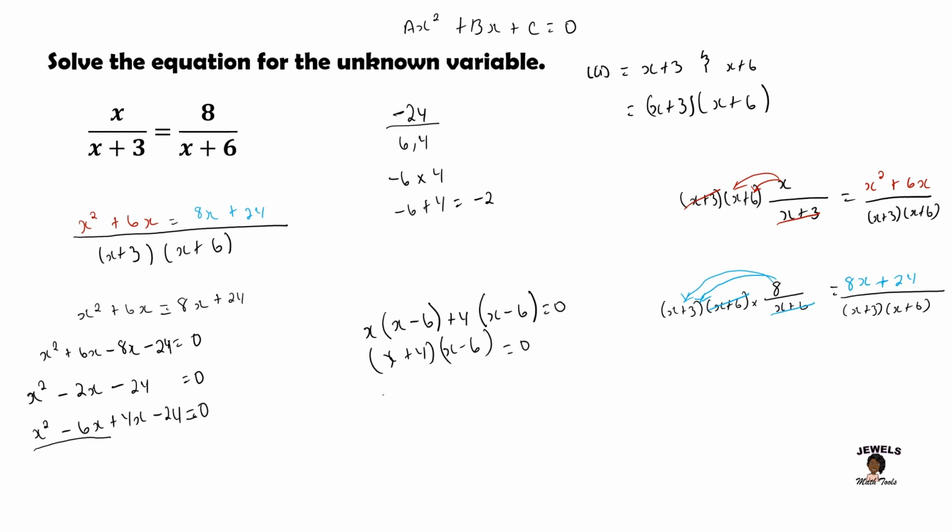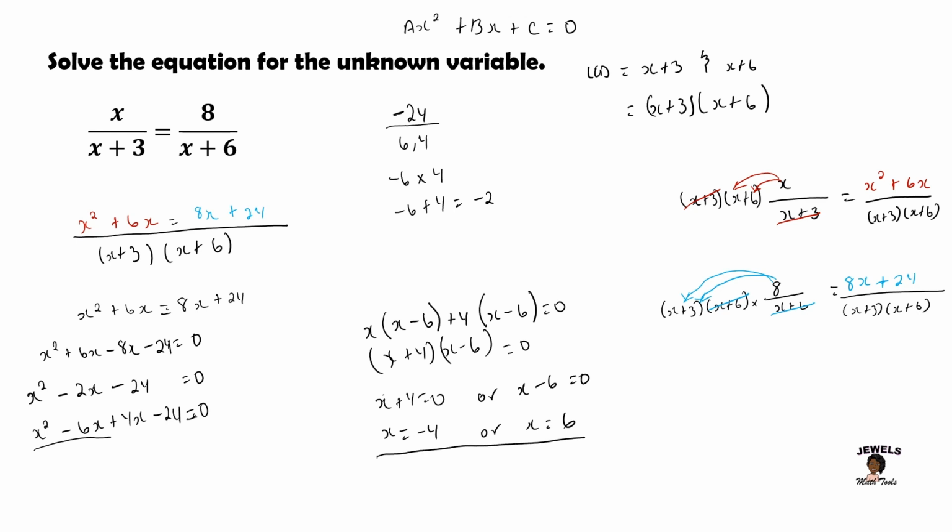So now to solve, x plus 4 is either equal to 0 or x minus 6 is equal to 0. So x will equal either negative 4 or x will equal 6. So either one of these will be my answer for this equation.